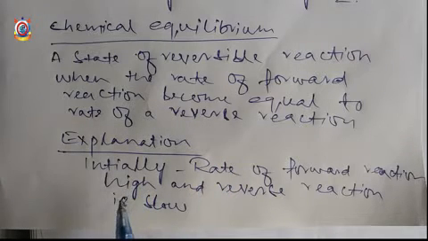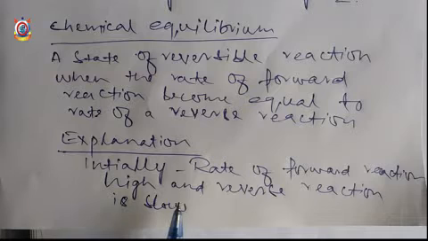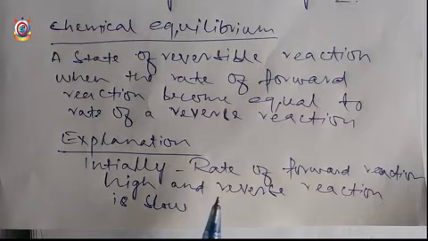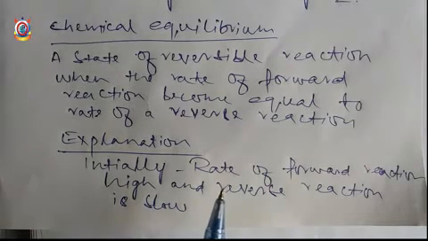Explanation: whenever a reversible reaction is proceeding, initially the rate of the forward reaction is high and the reverse reaction is slow, because the reaction hasn't completely changed into the product. Therefore, the reactant will be high and the product will be low.